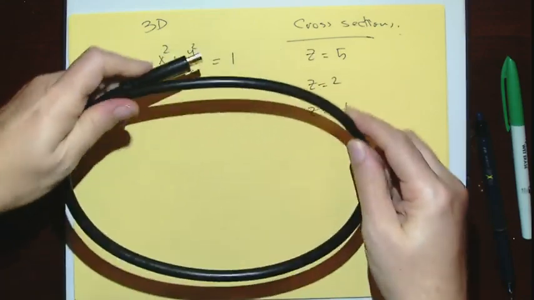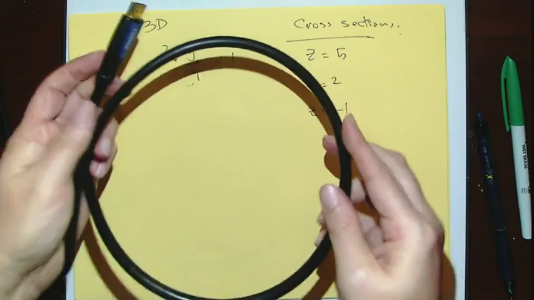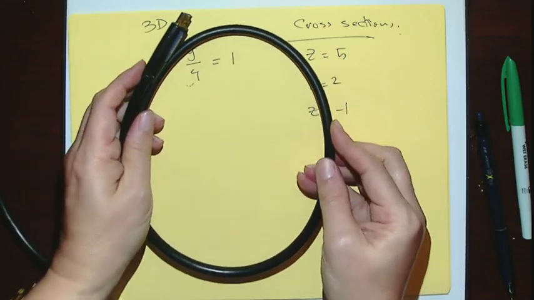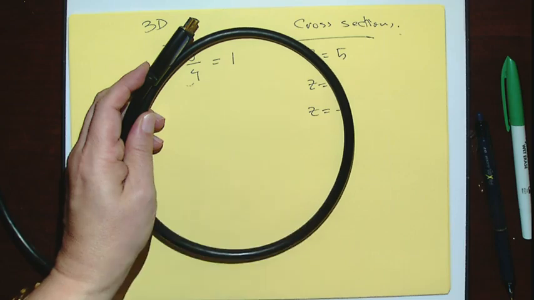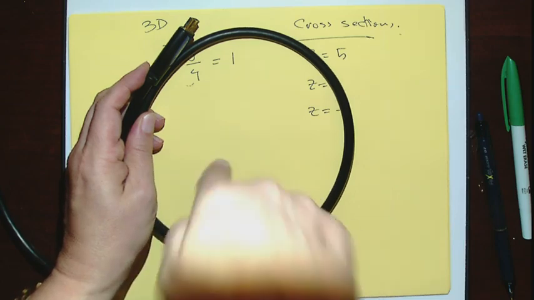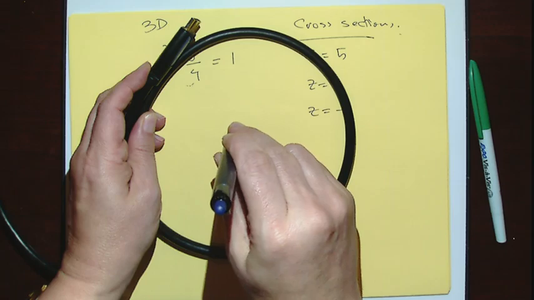So let's say this is the shape. It has to be y direction a little more. And let's say z-axis is going out this way. Can everybody see what I'm pointing at? So z-axis is coming out this way, right?